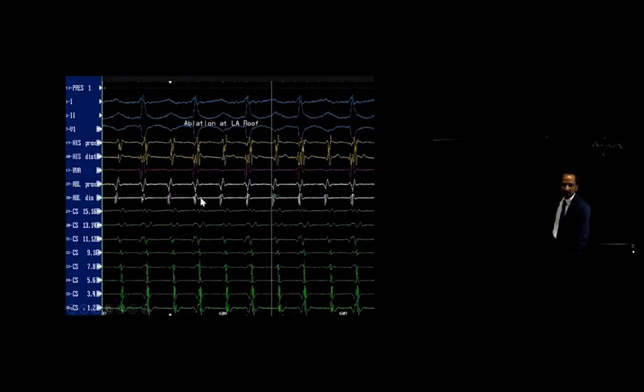Just finishing up with this particular patient: 4 ablations, flutter. The clue was that the flutter lines that were done at each procedure did appear to be complete. Why does a young person get multiple flutters? In this patient, the issue was a trigger.